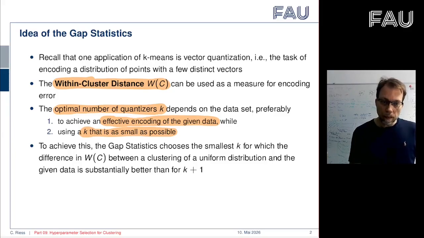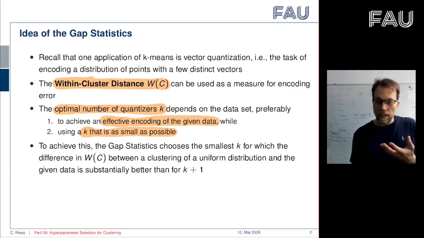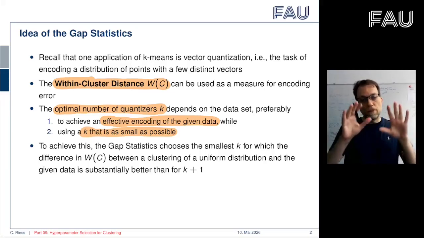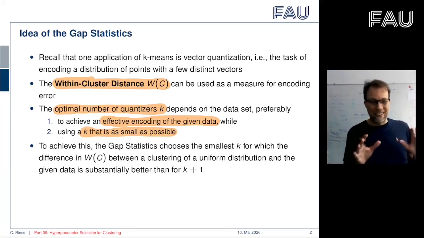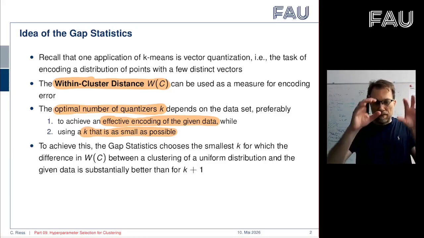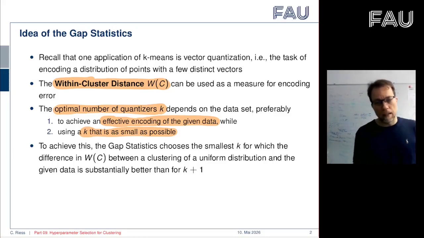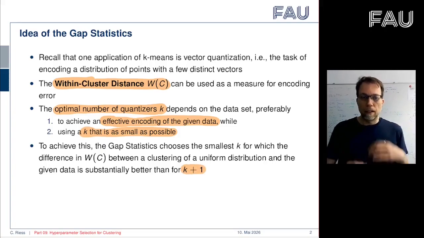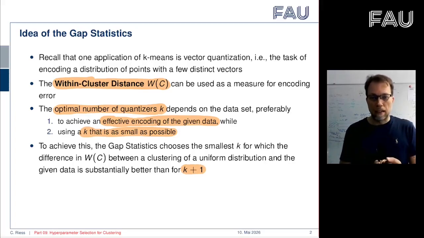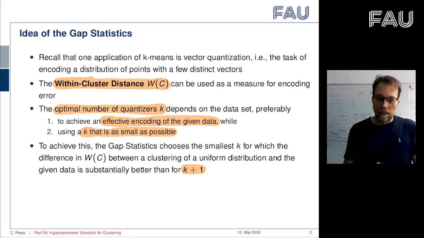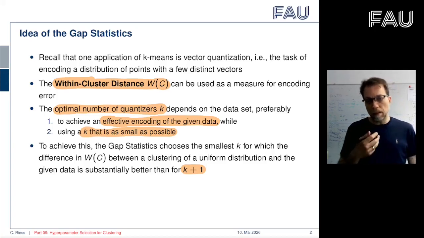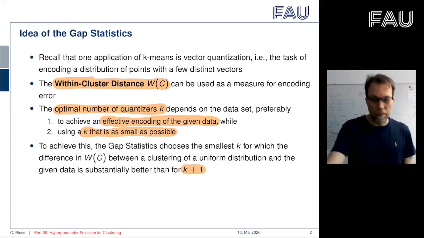So the gap statistics defines this task as follows. It says, let's choose the smallest k for which the difference in the within cluster distances between a clustering of a uniform distribution, so maximum chaos, you could say, and the given data, which should have some structure, is substantially better than if I would be using one vector quantizer more. We're going to talk more about this.